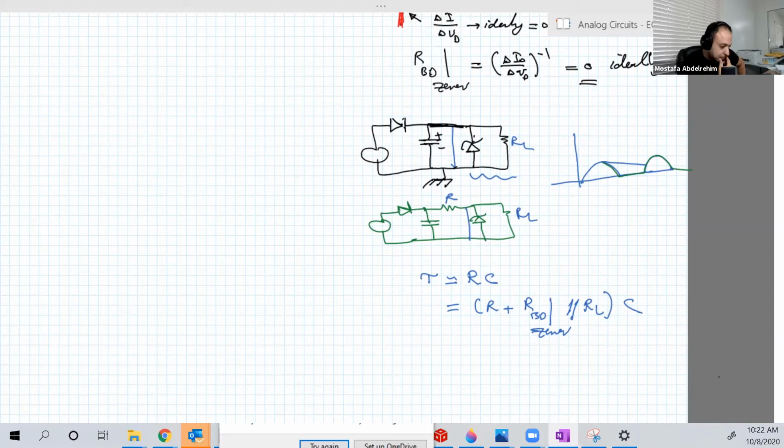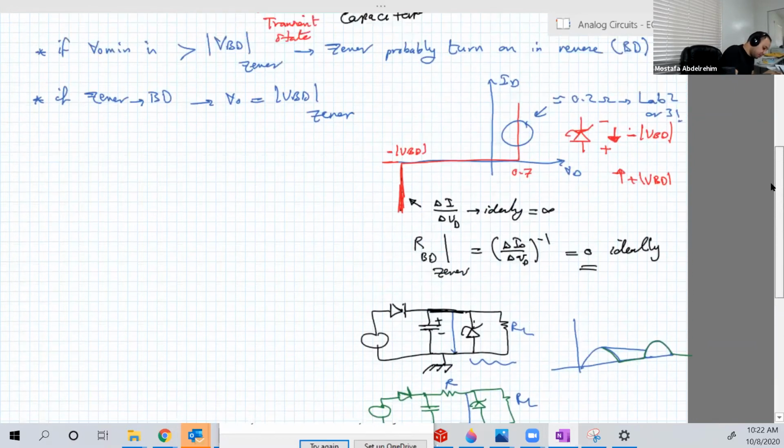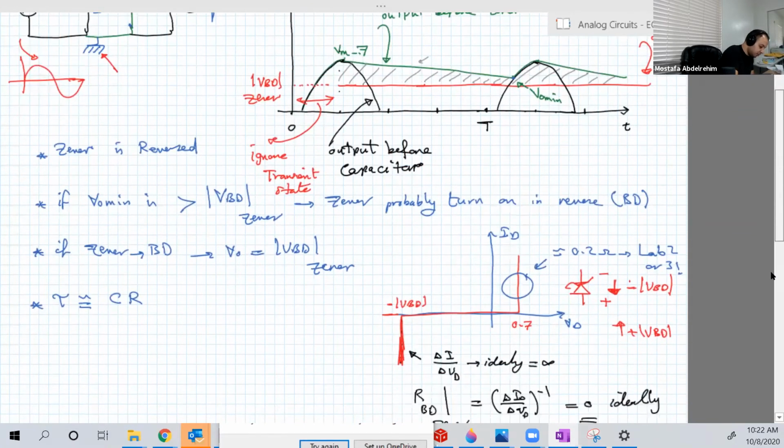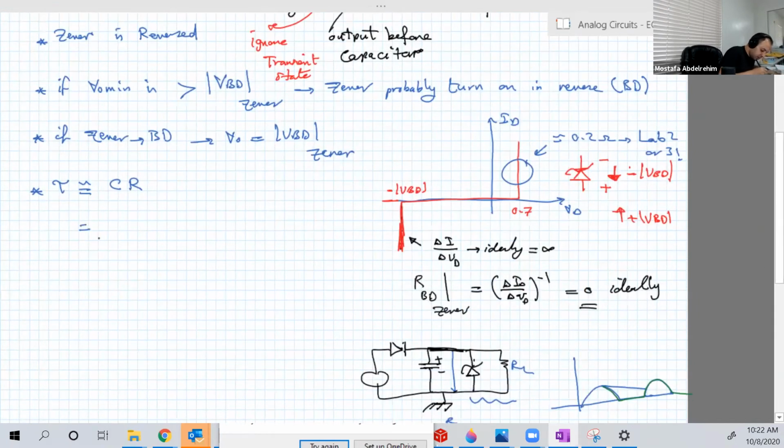Okay, guys, is this clear? So here tau, which is very important during this charging, is approximately equal to CR, not CRL. If we want to write it exactly, it's C times R plus RL parallel to R breakdown of the Zener.